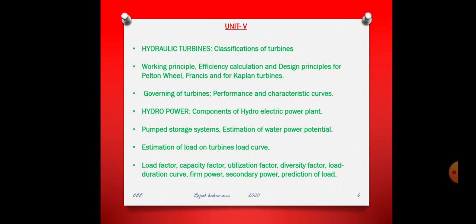Next, based upon the layout or plan of the hydroelectric power plant, we have some characteristics and performances: estimation of load on turbines, load curves, estimation of load, how much load falls on the turbine blade. Based upon each blade we can show different things, right. Next, load factor, meaning how much load falls, at what time the load is higher, and at what time the load is lower. Capacity factor, how much capacity of water it can share or how much capacity it can bear.